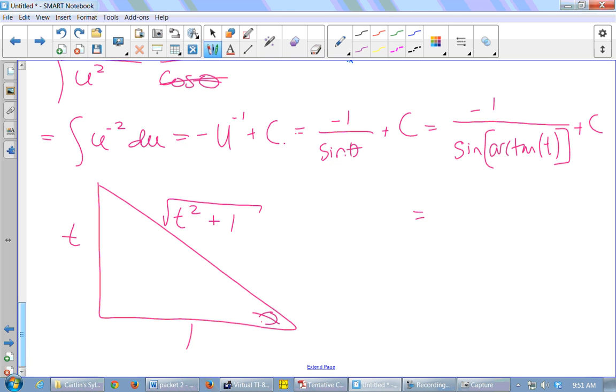So maybe I should have just left this as sine theta. And then what's the sine of theta according to that triangle? t opposite over hypotenuse, t over radical t squared plus 1. And then you can simplify that fraction, but that's the answer.